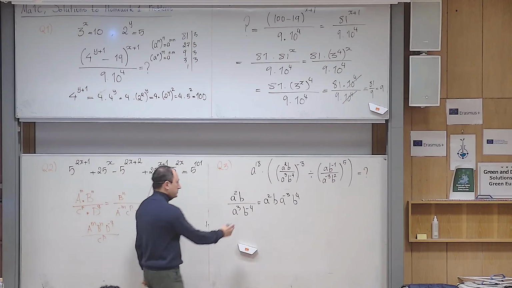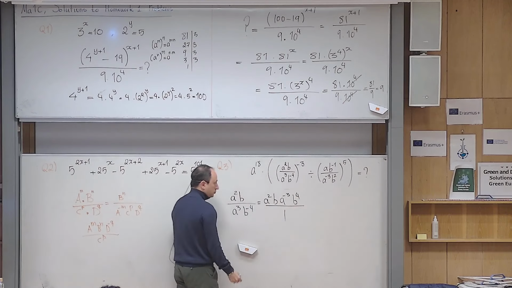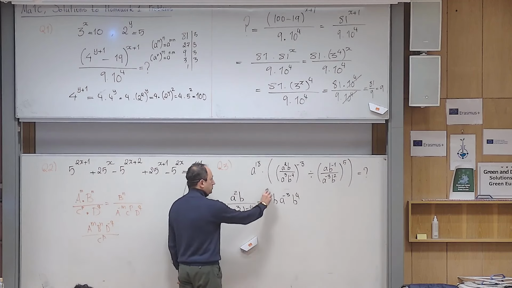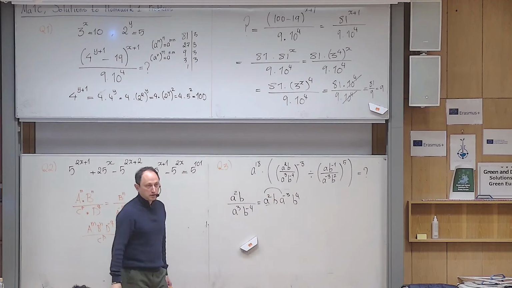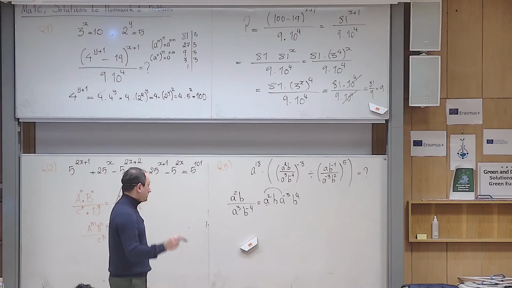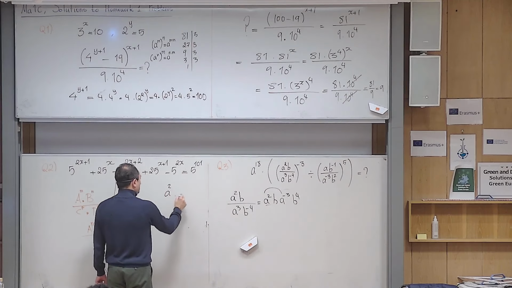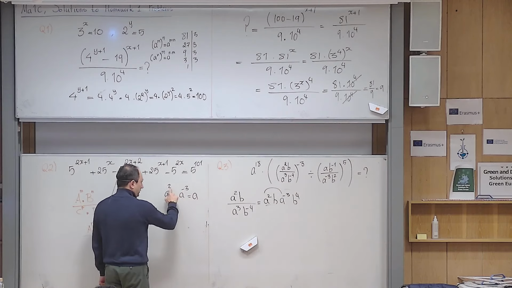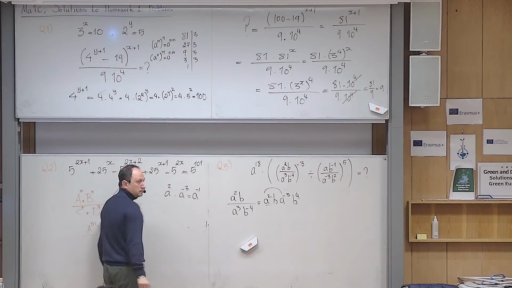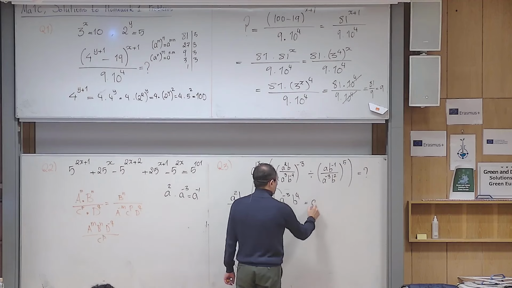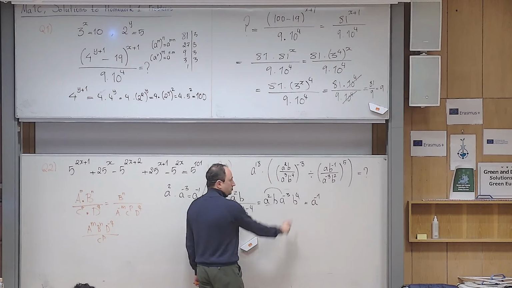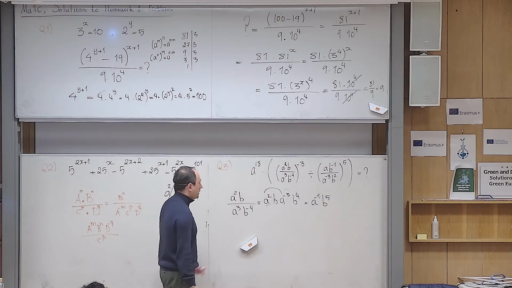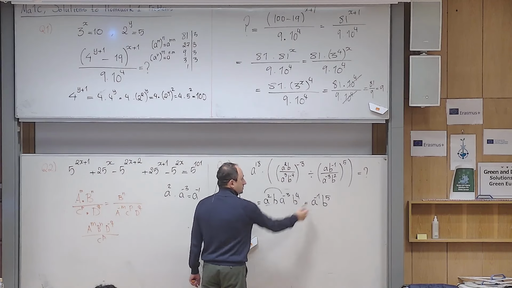Okay, and what is left is 1, which I don't write. Yes? But now look, a^2 times a^-3, what's the answer? No, a to the power of 2 multiplied by a to the power of minus 3. A to the power of addition between these two, which is minus 1. So it becomes a^-1. And b times b^4 is b^5. Very simple. So I was able to understand that this one is this.